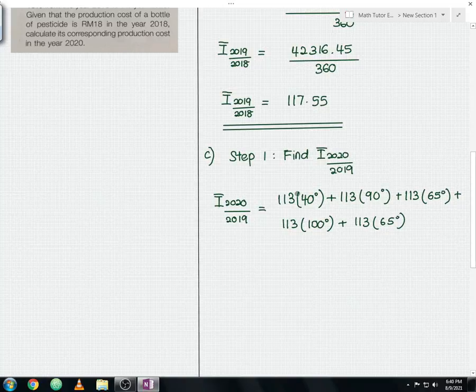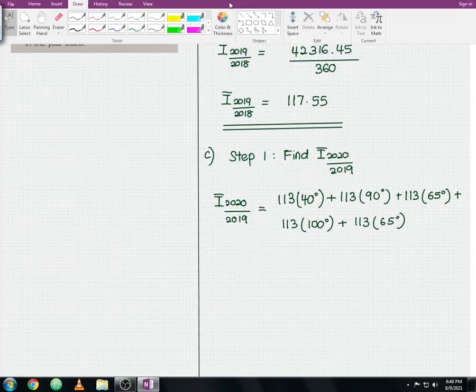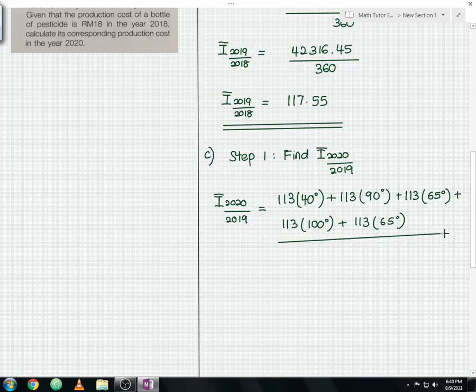So these are the calculations for chemical A, chemical B, chemical C, chemical D and chemical E respectively. So from here you divide with the total weightage, which in this case is 360 degree.